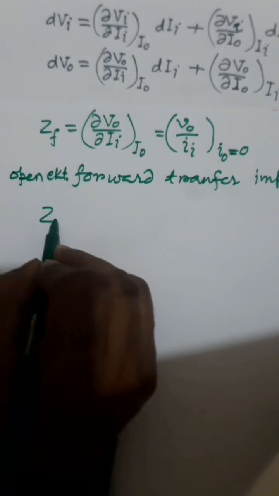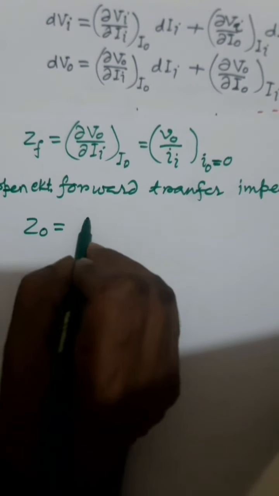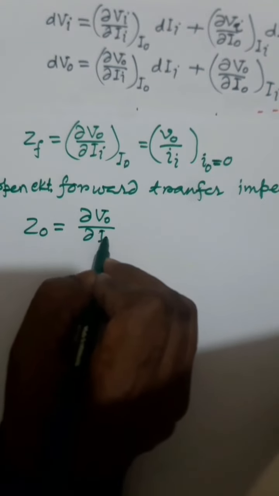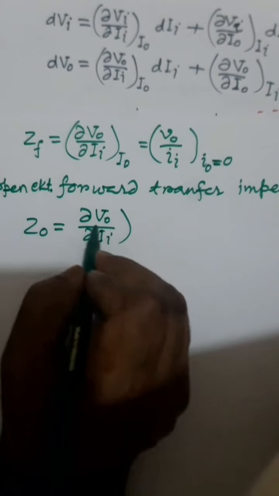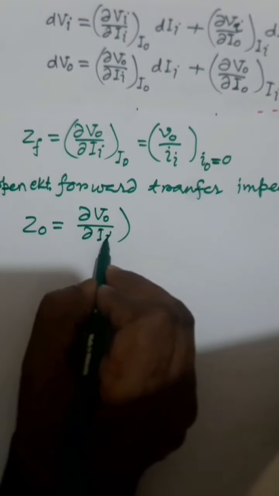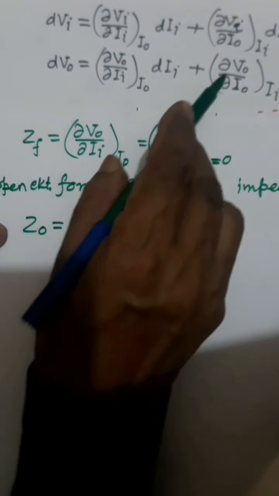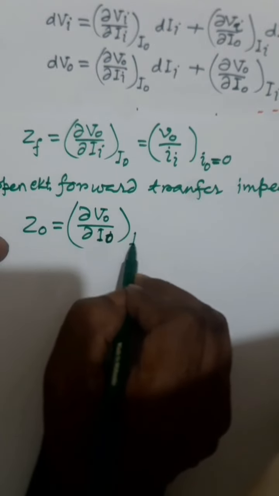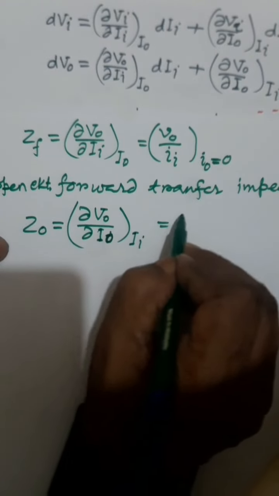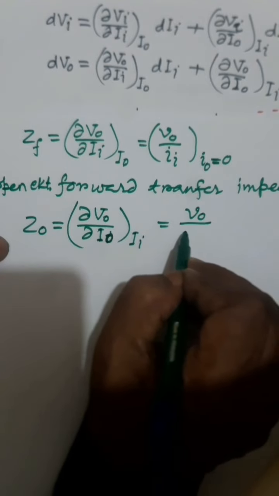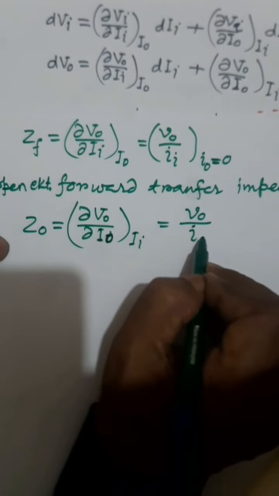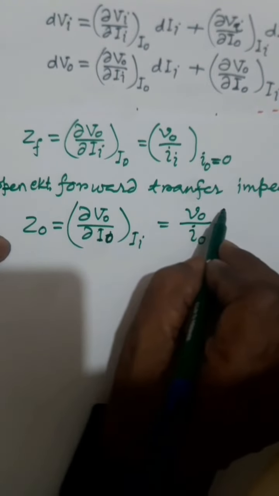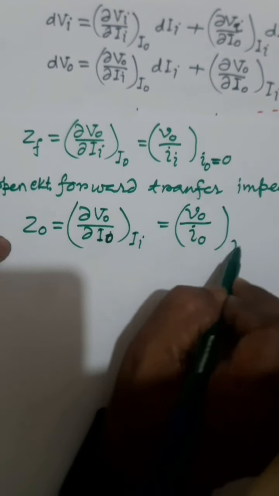And Zo equals del Vo by del Io, Ii constant, that is Vo, AC output voltage, over Io, AC output current, with Ii 0.